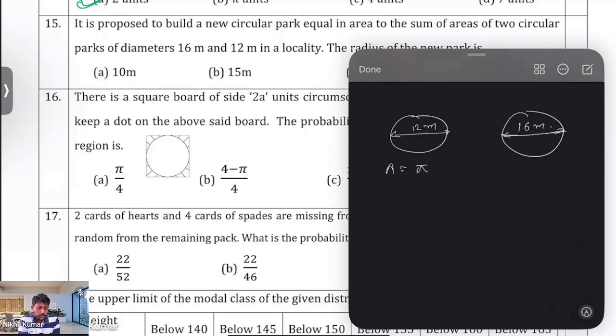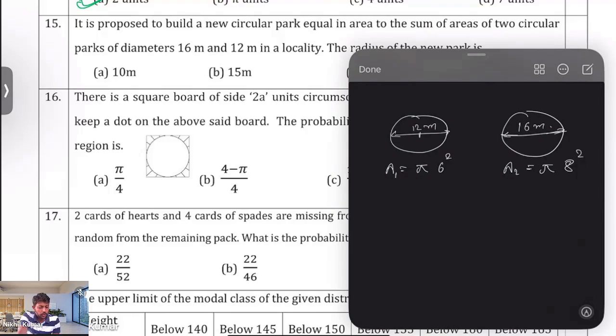Remember, radius is going to be diameter by 2, so 12 by 2, that is 6. That's this area. The second area is pi times, again, the radius square. Half of 16 is the radius, 8 square. Okay, all right.